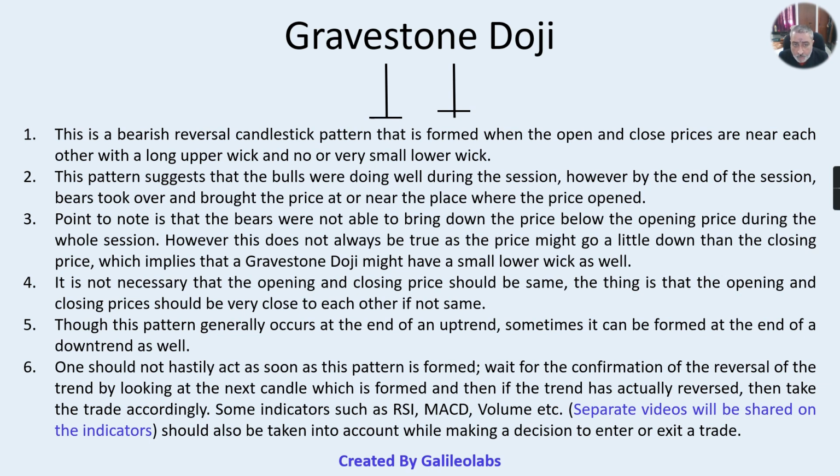What I mean to say is that these should also be taken into account while making a decision to enter or exit a trade. I am not elaborating on these indicators as of now because it will make the situation very complex. Let us first focus on the candlestick patterns only. We will take trades based on these patterns singly. We will not mix them with any of the indicators.